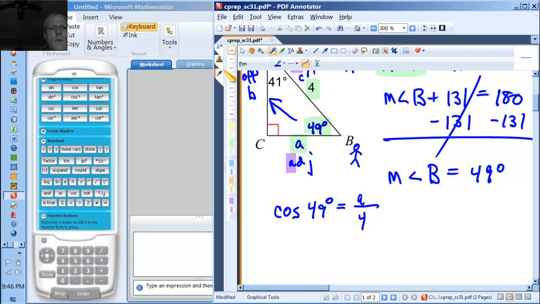Now, like I think I showed you before, I like to solve an equation that looks like that by turning it into a proportion and then cross-multiplying to solve.